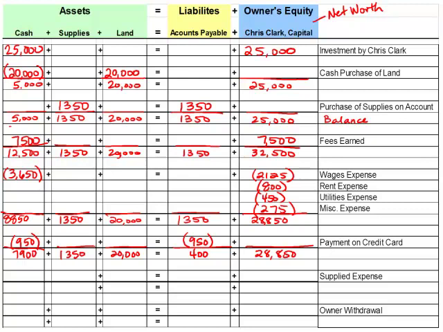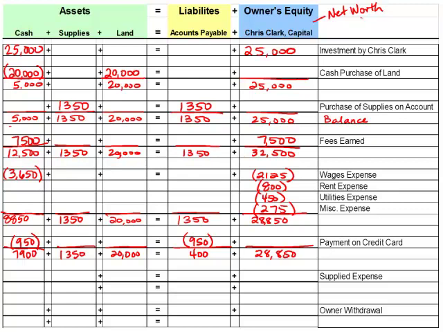What he's going to do, he's going to sell the land, take that $20,000, put it in the bank, sell the supplies, take them back or whatever, $1,350, put the $7,900 in the bank, and then he's going to subtract out $400 to pay that debt. The remaining amount would be $28,850. So that's why it's called net worth, because that's the difference between assets and liabilities. So he would take everything he owns, subtract off what he owes on them, and then he'd walk away with $28,850.